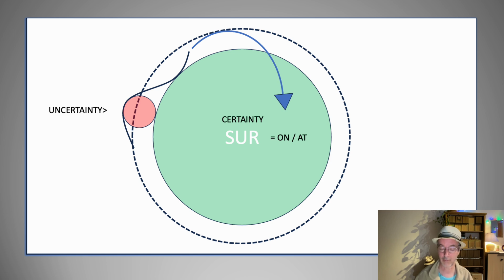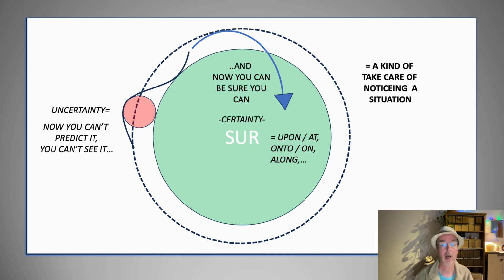That's the meaning which it means. So how do I sense it as a letter combination? So it starts from a part where you can't predict it, where you can't see it, but with the R, with the connection that you make with it, you make the connection to connect to what you're sure about, what you're certain about, and then you're on it. That's more or less what you can see it.